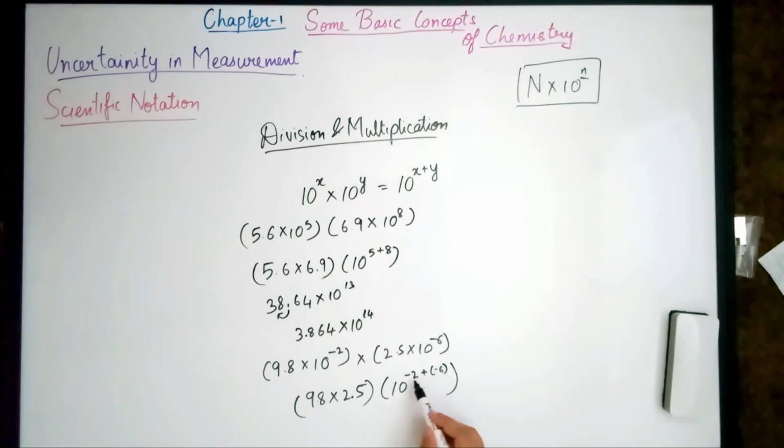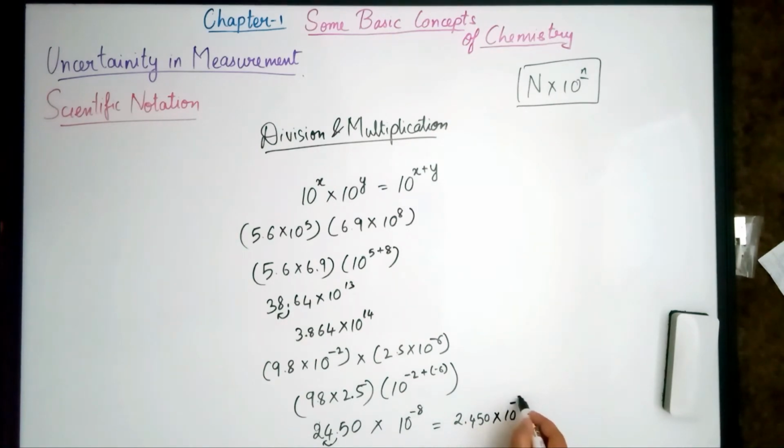So minus 6 and minus 2 will add up to give us 10 to the power minus 8. And this value, when you calculate it, you will get as 24.50. And since we should have only one non-zero digit before our decimal point, we are shifting this over here. And when we are shifting it this side, it means it will have a value of plus 1 over here. So when you add plus 1, it becomes 2.450 into 10 to the power minus 7.